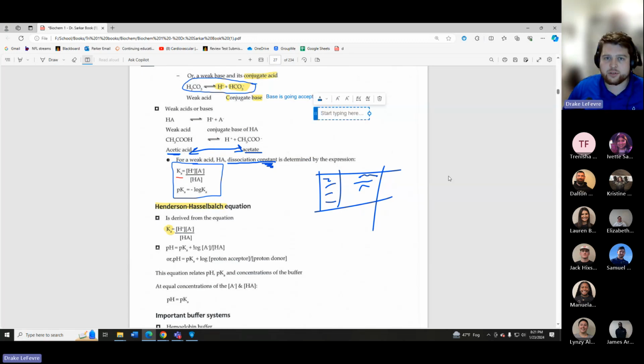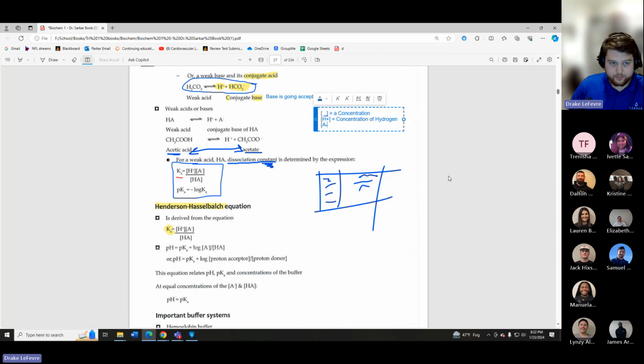Every single time you see brackets like that, when you see brackets, that equals a concentration. A concentration of whatever is inside of the brackets, that's what that means. So bracket H plus equals the concentration of hydrogen.